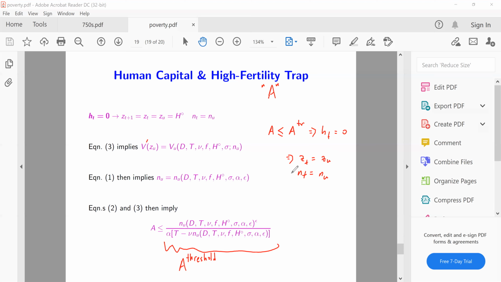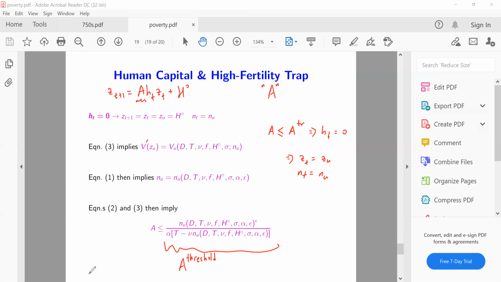So what's the economic logic behind it? Well, remember that this parameter determines the returns to education, right? And if the returns are small enough, then you don't find it optimal.